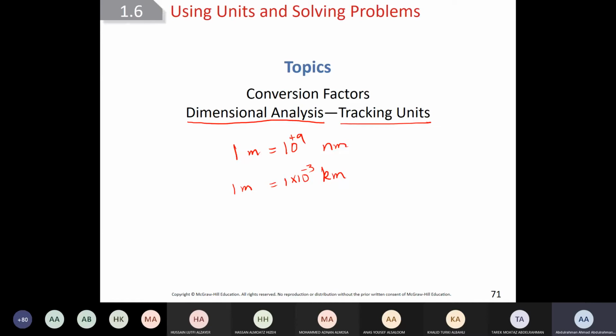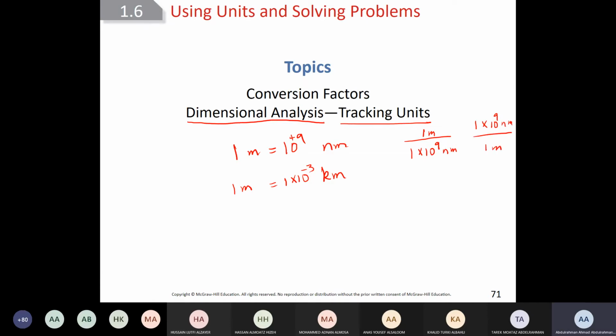When you have this equality, then you can write them as a fraction. I can write 1 meter over 1 times 10 to the power 9 nanometer, or I can write 1 times 10 to the power 9 nanometer divided by 1 meter.